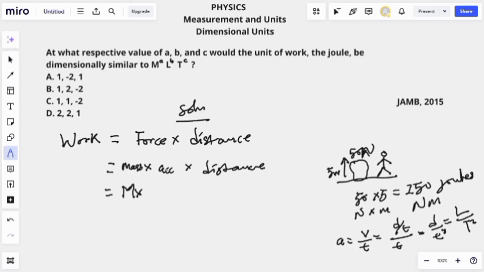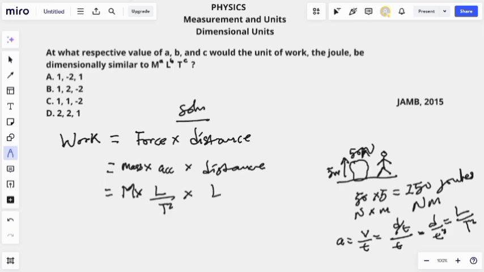So this is M times the dimensional unit of acceleration, which is L over t squared. This is distance. And what is the dimensional unit for distance? That's at the core foundation. What is distance? It is a length.